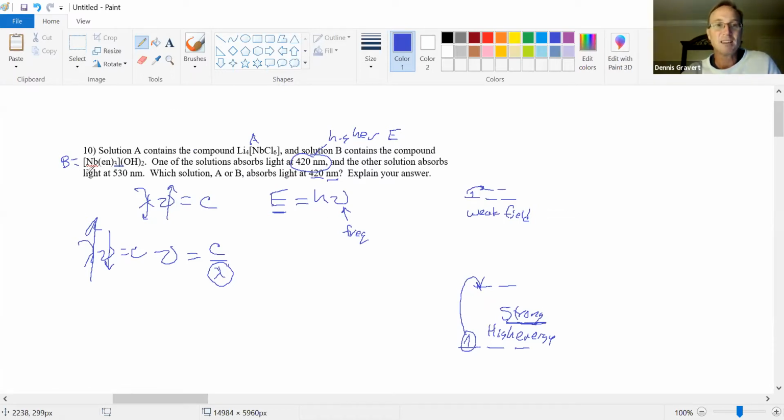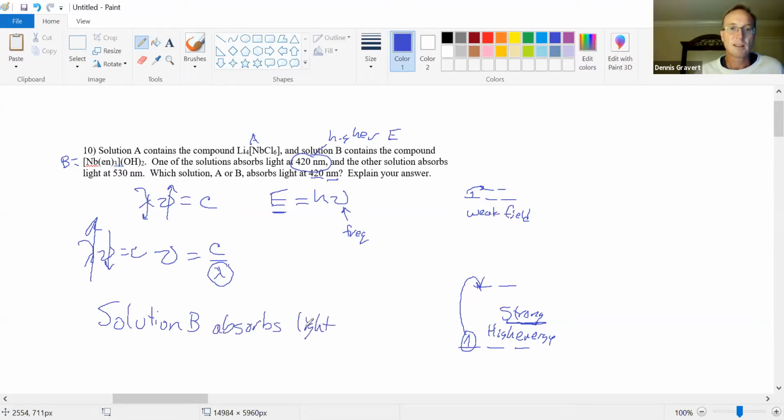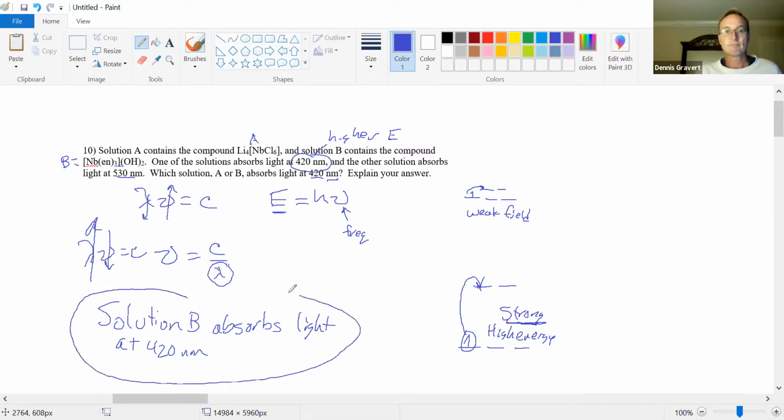So B, solution B should absorb light at 420. Because the other complex with the weak field should absorb weaker amounts of energy, which is a higher wavelength. Good. 10 is done.